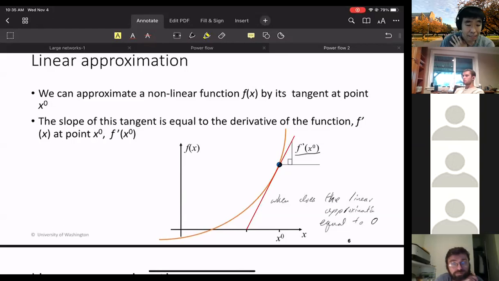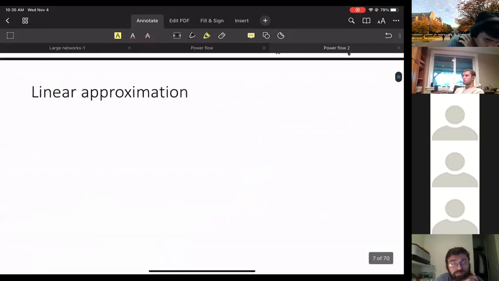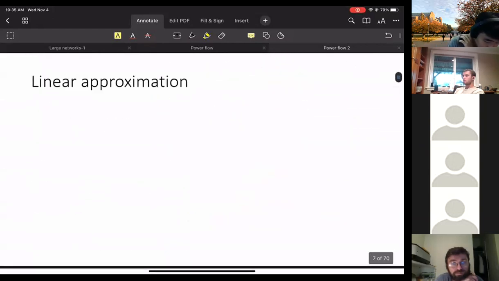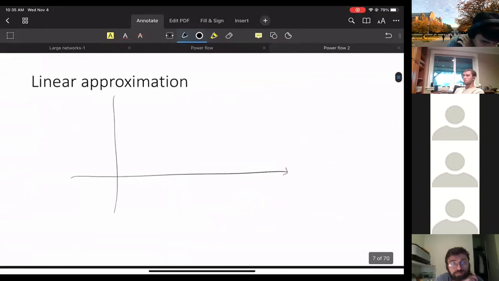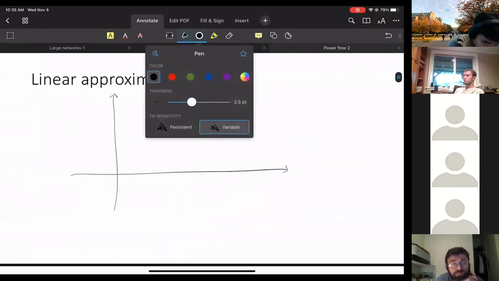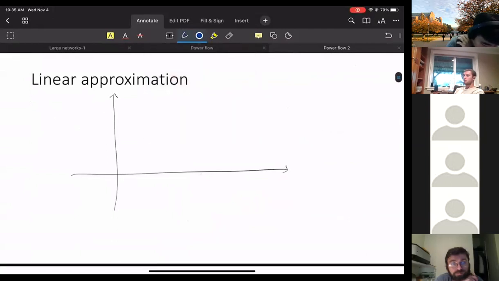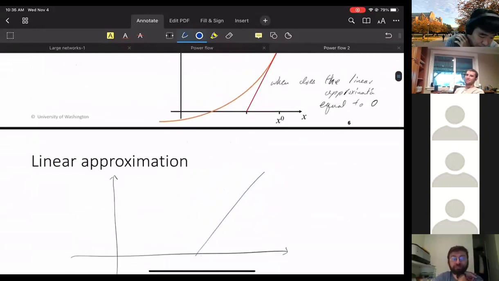Okay. So if you look at the linear approximation, forget about f of x. Now think of this tangent line. That's your linear approximation. This tangent line is now your linear approximation of f of x.